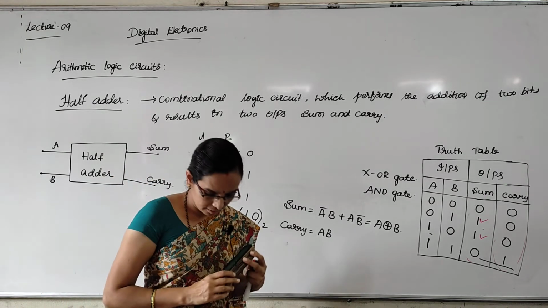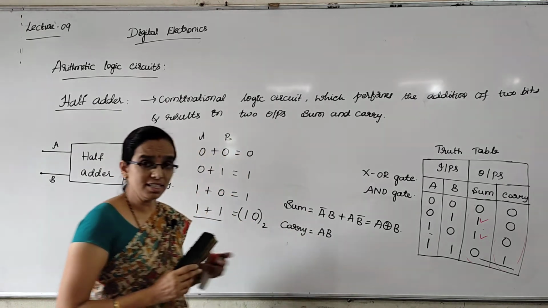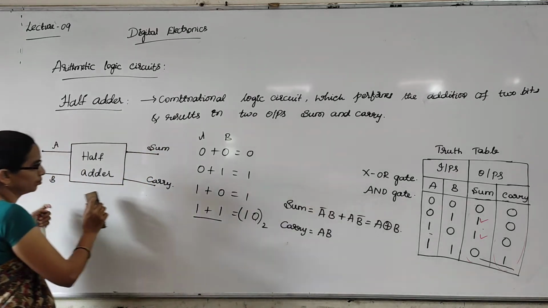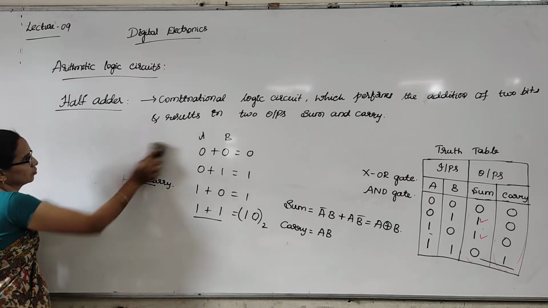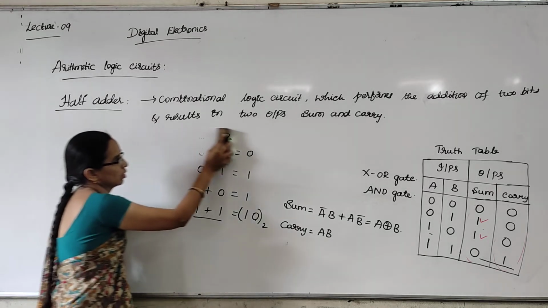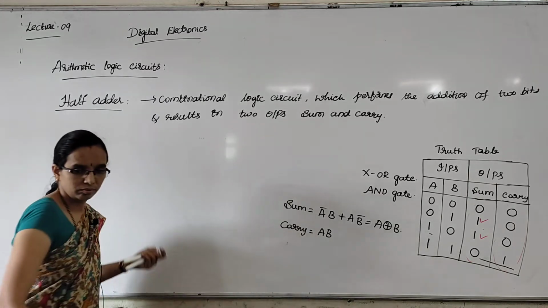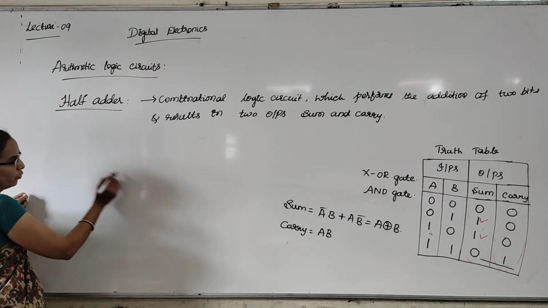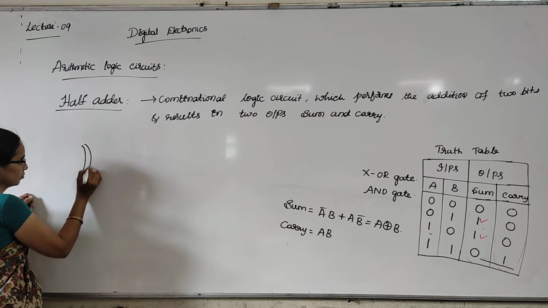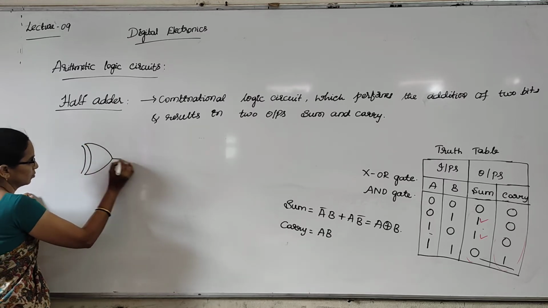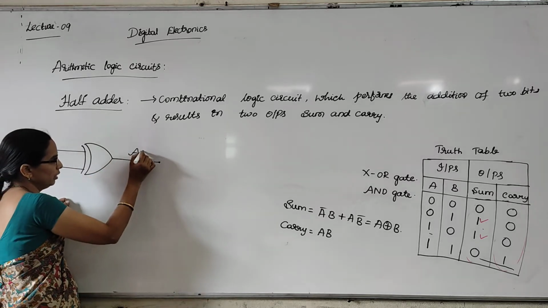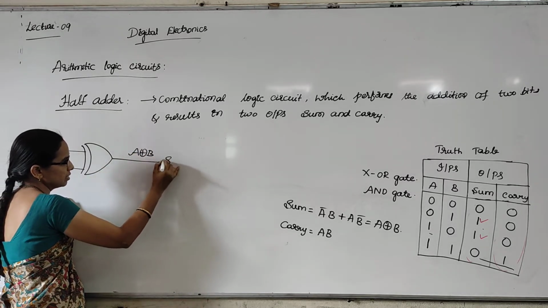Okay, now we will write the logic circuit for these expressions, so that will be the logic circuit for the half adder. We want an XOR gate for A and B inputs, the output will be A XOR B, and that is our sum output.